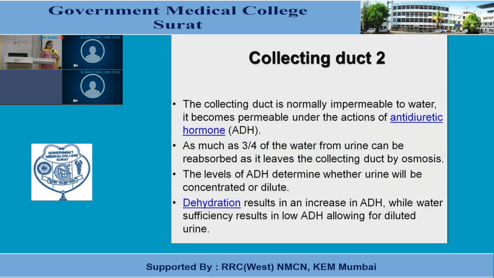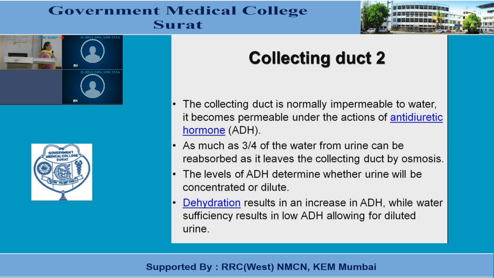When we want to have a dilute urine, the ADH level will decrease, and when you want to have a concentrated urine, the ADH, that is antidiuretic hormone, will increase, so that a lot of water will be absorbed and we have a concentrated urine. Now there are different solutes which give the concentrating ability to the kidney. It is not only sodium and chloride, but also certain ions like urea. So the urea cycle will also go on.